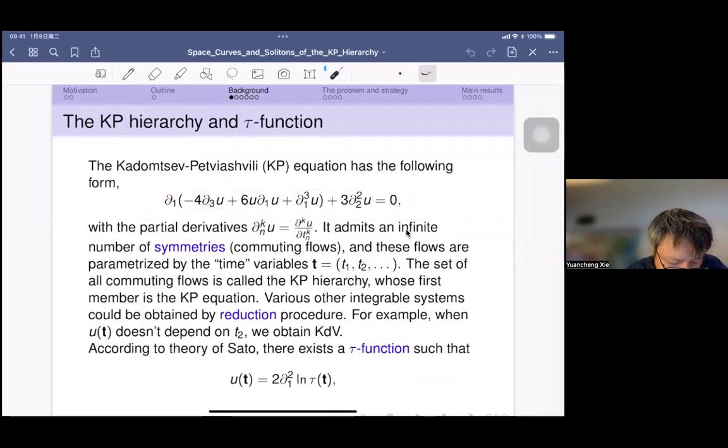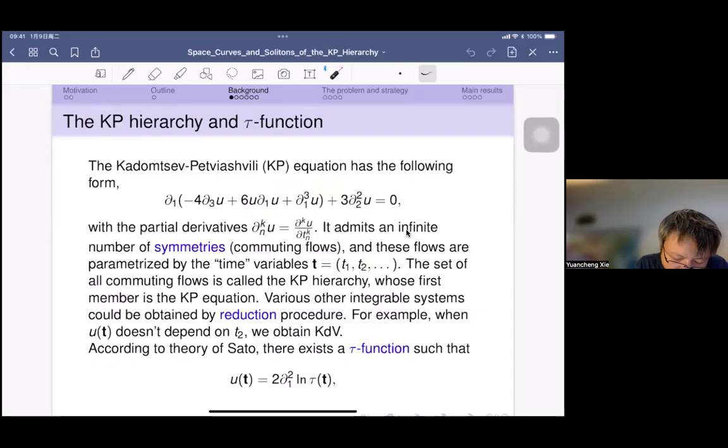Here we consider partial derivatives with respect to T1, T2, and T3. That means partial 1 is partial over partial T1, and partial 2 is partial over partial T2. And u is a function depending on infinitely many time variables.